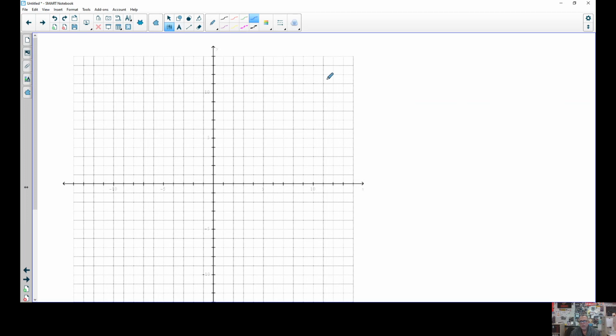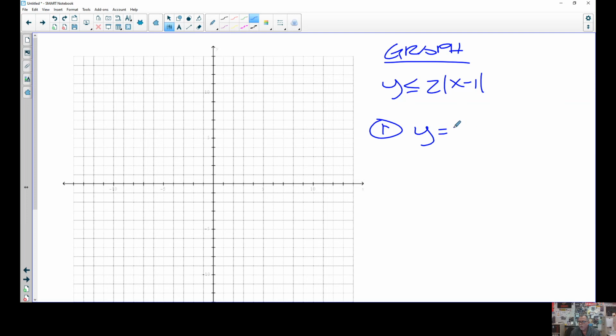What I'm going to look at with you today are ones where they ask you to graph. And they'll say graph, let's do this one, y less than or equal to 2 times the absolute value of x minus 1. So I'm going to graph this. You got to think about how we graphed the boundary, right? We always went to the boundary first. First step is realizing we're graphing y equals 2 times the absolute value of x minus 1.